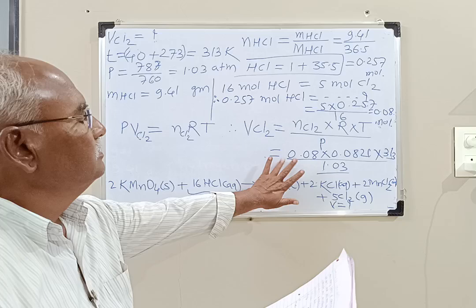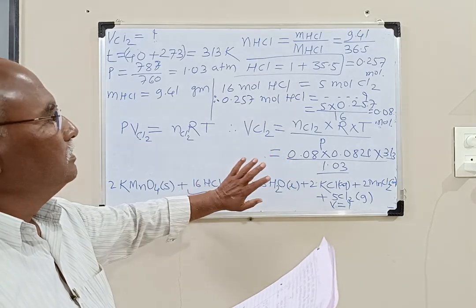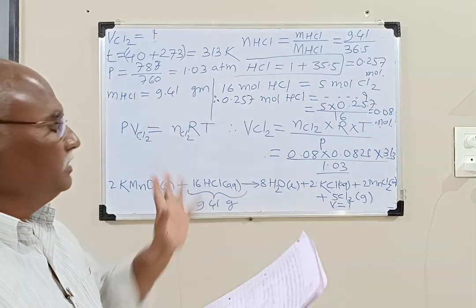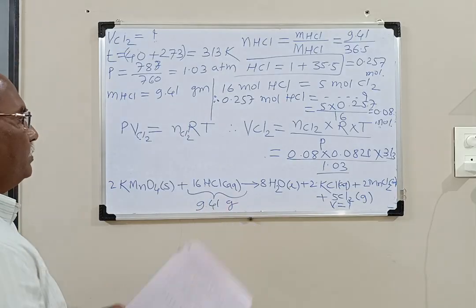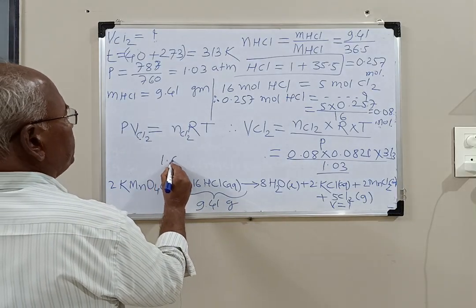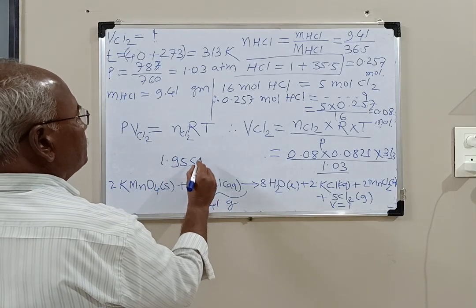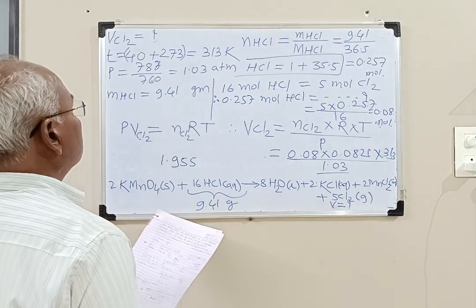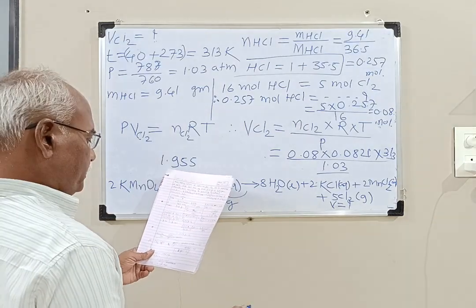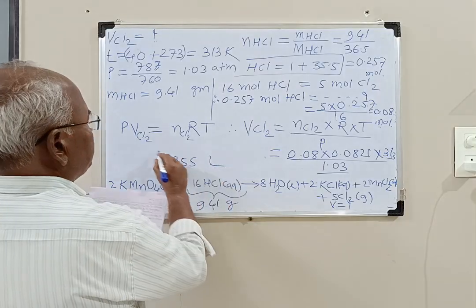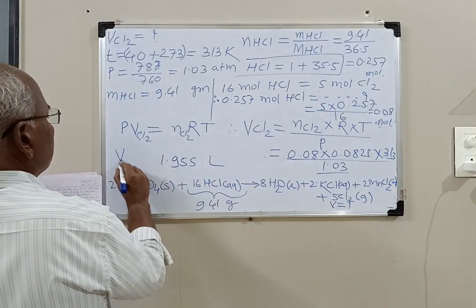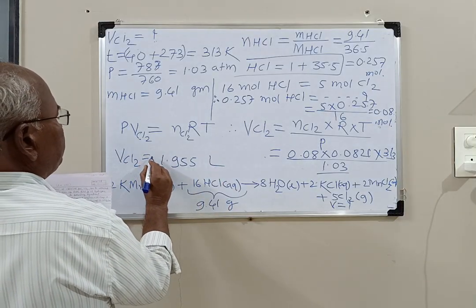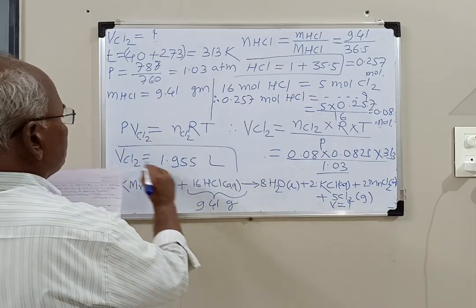Yes, it is correct. The answer will be 1.955, volume in liter. So volume of chlorine is equal to about 2 liter.